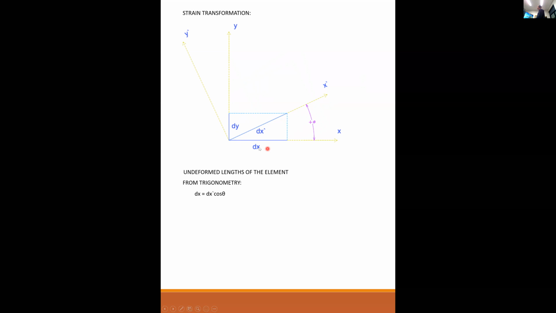So the element is dx long, dy high, and the hypotenuse I've labeled as dx prime because we've transformed it from the x to the x prime axis. dy similarly is dx prime sine theta, where theta is the angle between x and x prime.